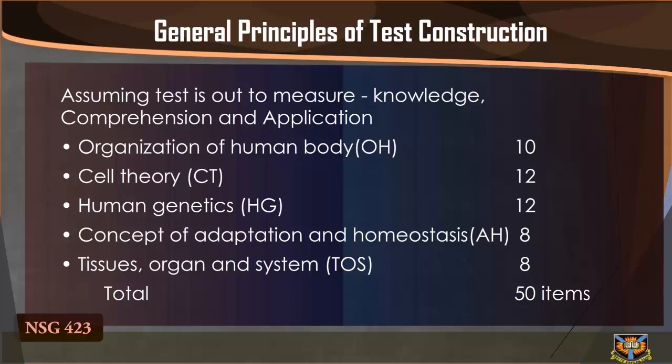Organization of human body, OH, is 10; cell theory, CT, is 12; human genetics, HG, is 12; concept of adaptation and homeostasis, AH, is 8; tissues, organ and system, TOS, is 8. Total, we have 50 items.